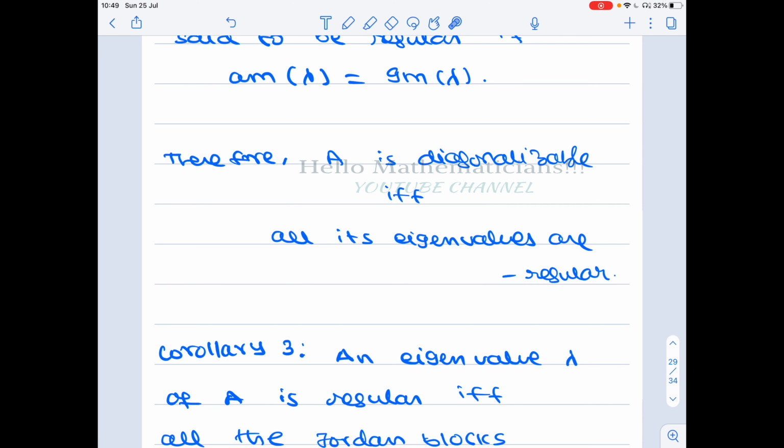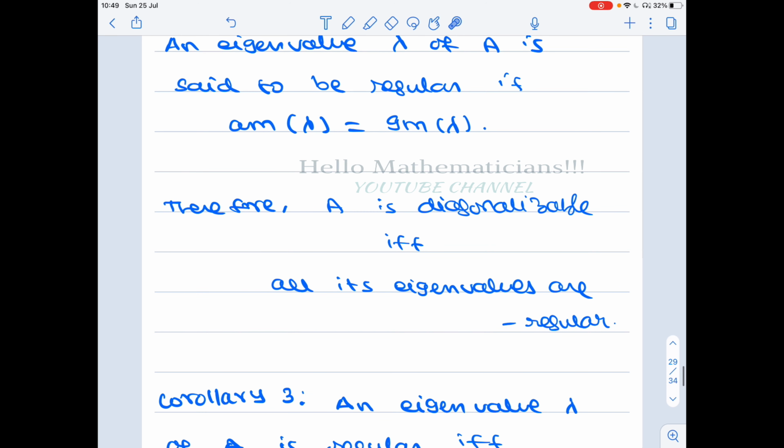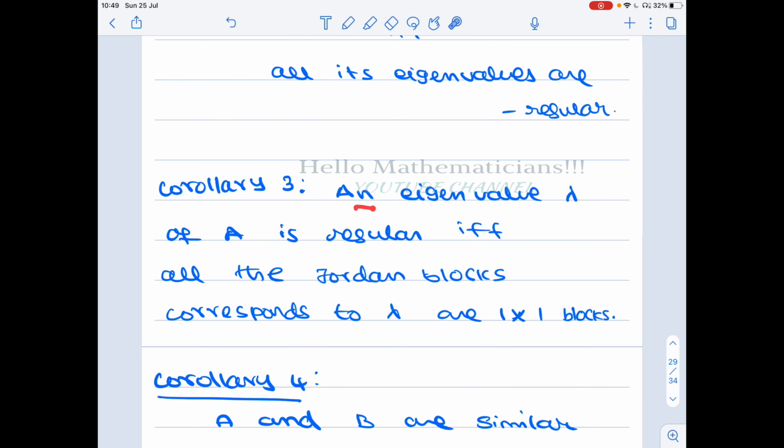So in the next video, regular eigenvalues are going to play an important role. An eigenvalue lambda of A is regular if its algebraic multiplicity equals its geometric multiplicity. If the algebraic multiplicity is equal to the geometric multiplicity, then all the Jordan blocks corresponding to the eigenvalue have to be 1 by 1 blocks.